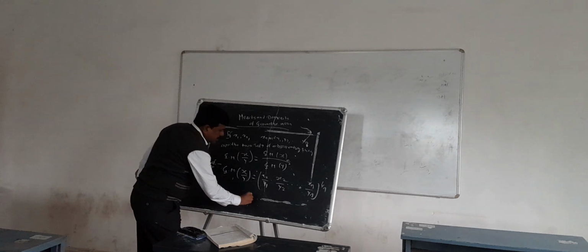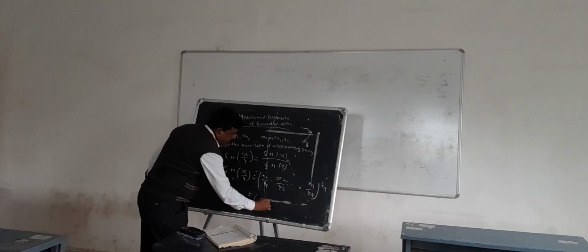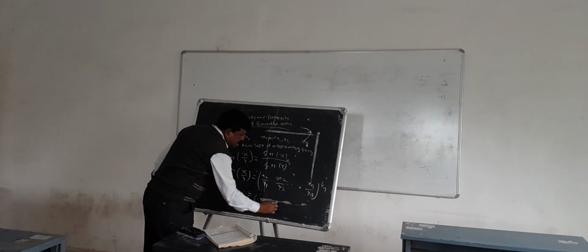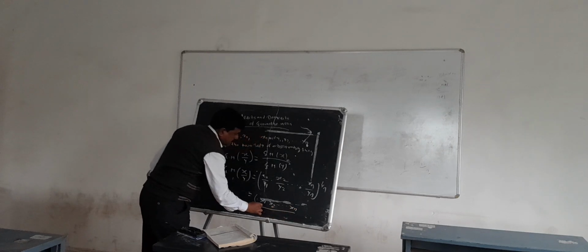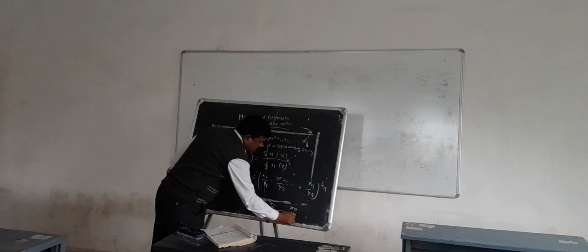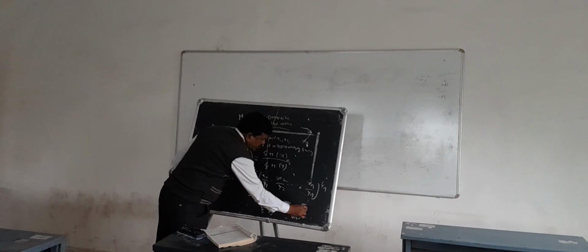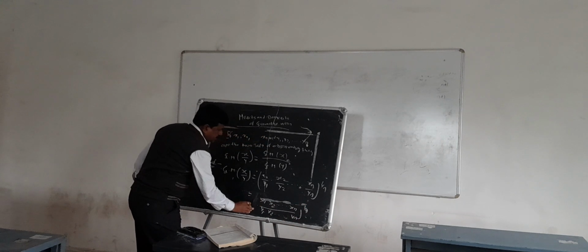Then that is x1 into x2 into up to xn divided by y1 into y2 into up to yn, raised to 1 by n.